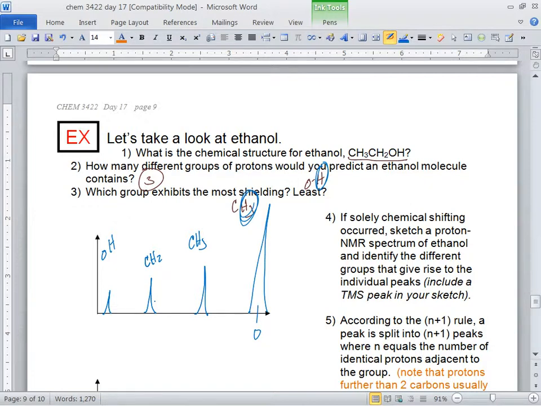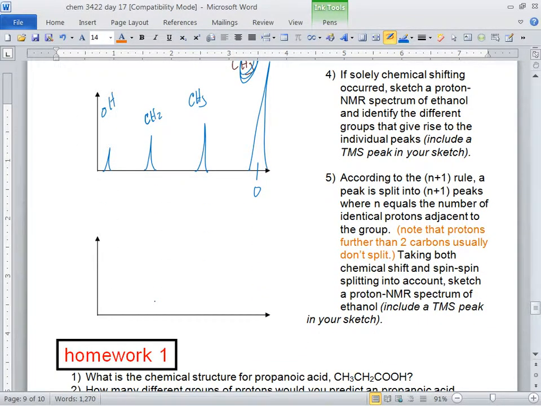Okay, so according to the n+1 rule, a peak is split into n+1 peaks, where n equals the number of identical protons adjacent to the group. Note that protons further than 2 carbons usually don't split. Taking both chemical shift and spin-spin splitting into account, now sketch a proton NMR spectrum of ethanol.